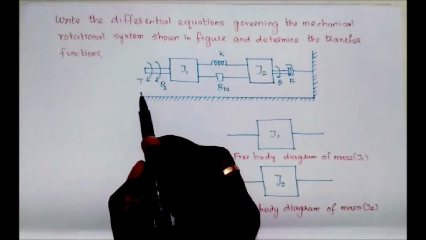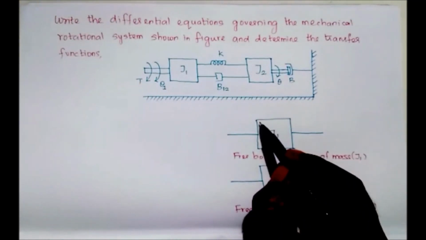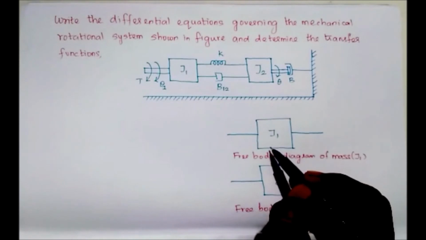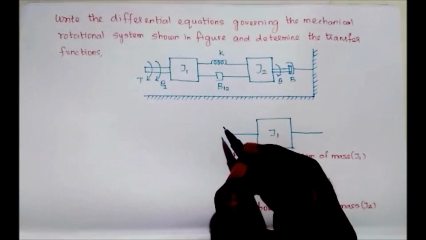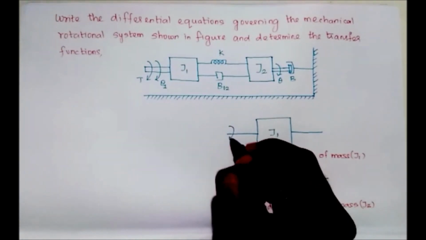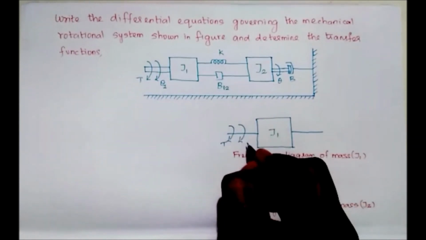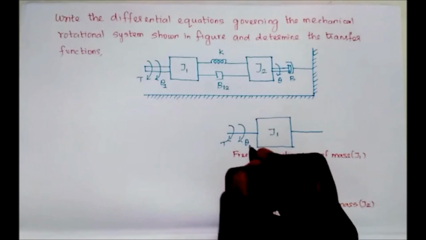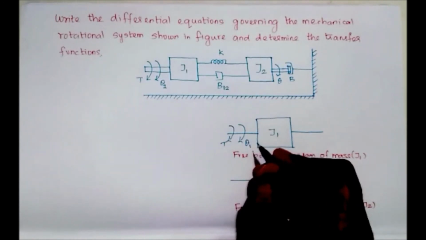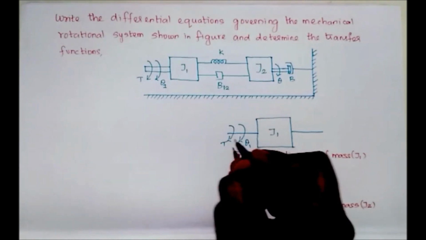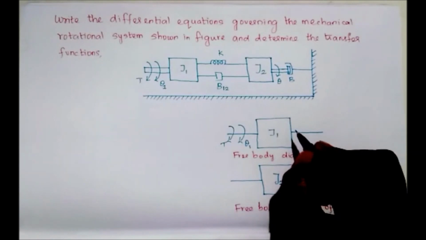So now we are going to take moment of inertia J1. For this J1, the applied torque is T. Due to this torque it is going to rotate, and that angular displacement is theta 1. Now, due to this applied torque there are three opposing torques.